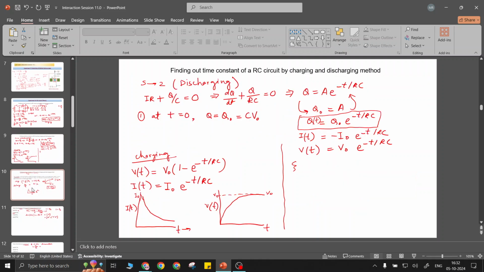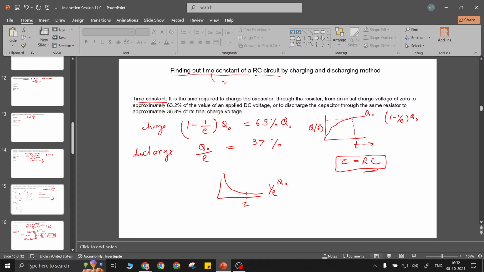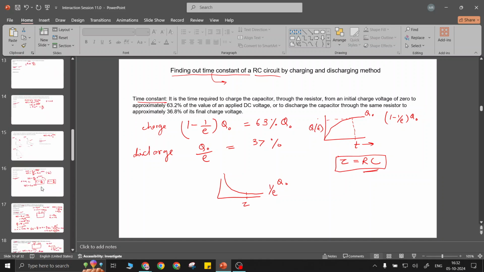Then we understood the magnitude of the magnetic field due to a current carrying circular coil.